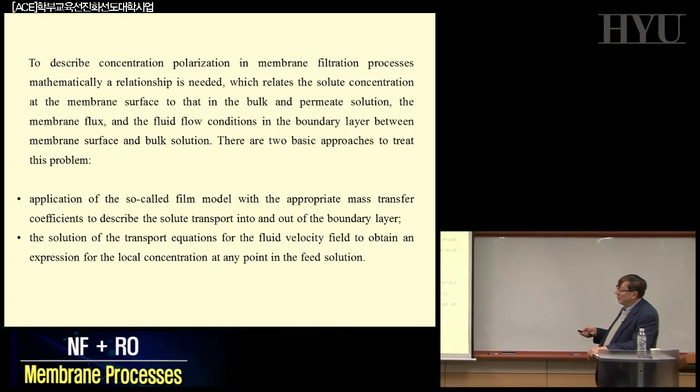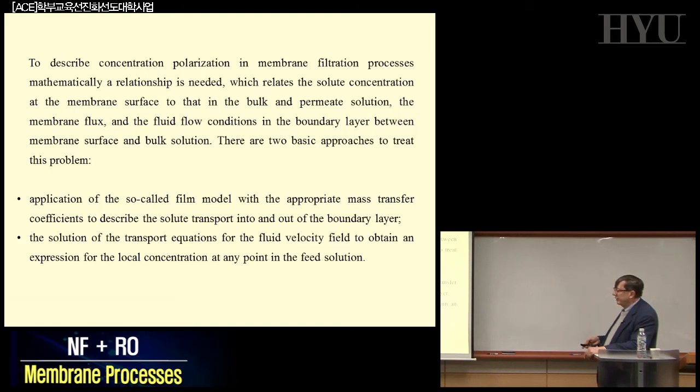However, you can introduce some hypotheses, and the system can be analyzed in a little bit easier way. For example, the film model is the one that is normally utilized to describe the mass transfer in this situation.